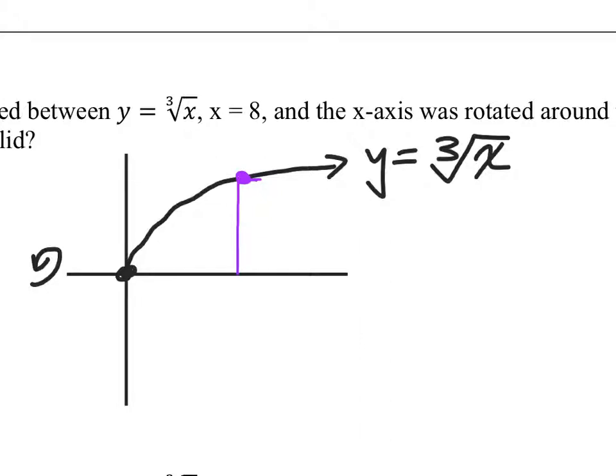I'll make it huge. I'll try to make it not terrible, though. All right, so there's my arbitrary rectangle. If I take that rectangle and spin it around the axis, what does that rectangle really represent?